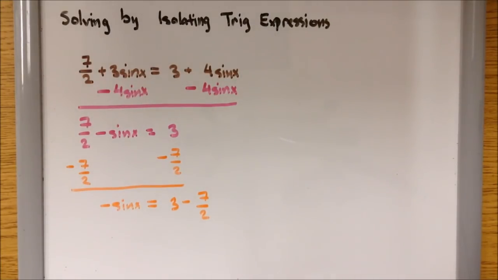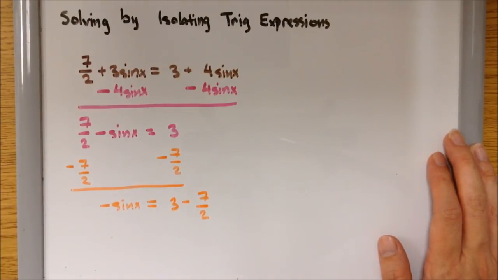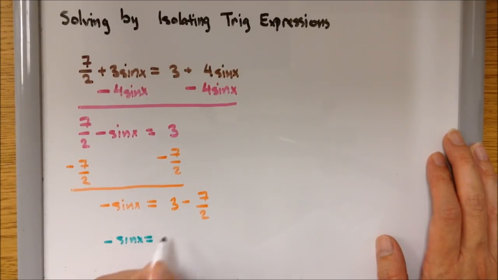Now, again, this should be an easy method to do. So, I'm not going to write out all the steps. We have done it numerous times on a test, so this should be natural to you. So, negative sine x equal 6/2 minus 7/2.